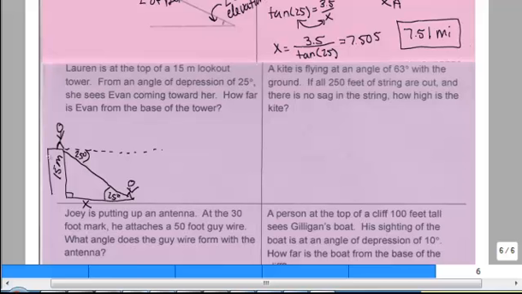So using this angle and this side, this is now adjacent. This is opposite, so it's still tangent. The tangent of 25 is equal to opposite over adjacent. These two flip-flop. X is equal to 15 all over tan of 25 in the denominator.